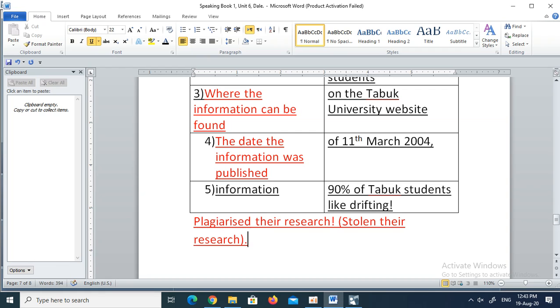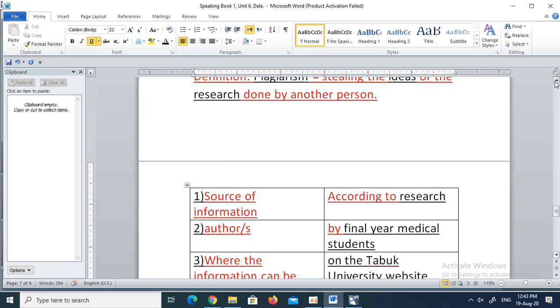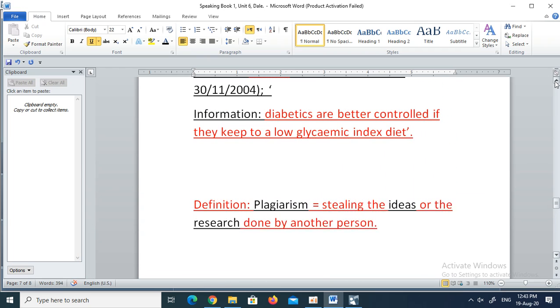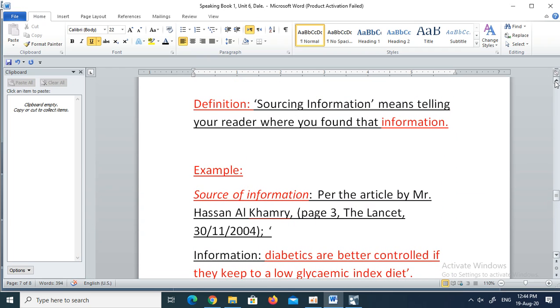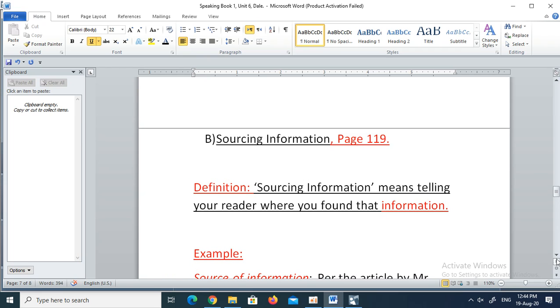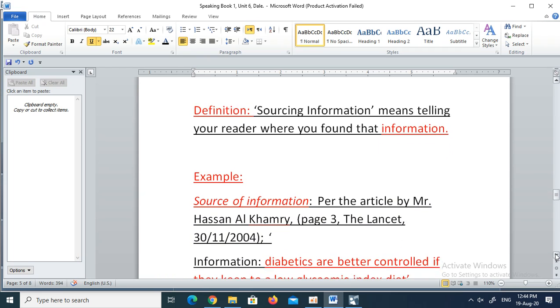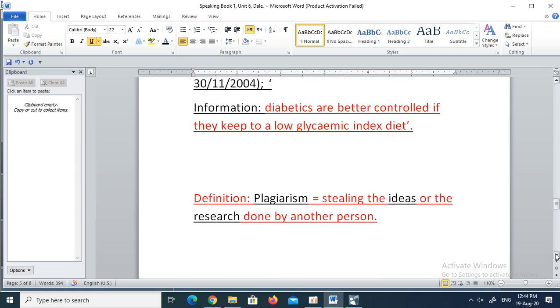Okay. So when you plagiarize somebody's ideas or somebody's research, you are stealing it. So the reason we have to source the information is that we do not want people to accuse us of plagiarism.